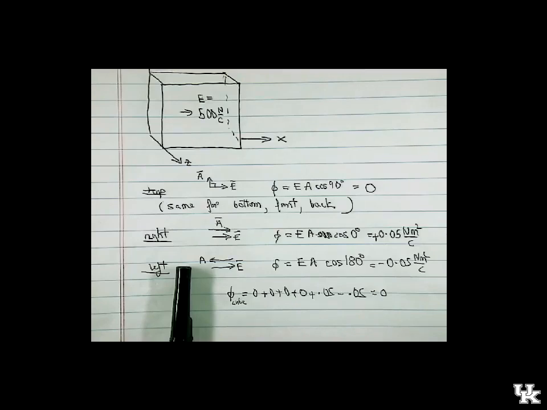If I put a weird blob-shaped object into a uniform electrical field, again, it would be mathematically impossible for us to calculate some general weird-shaped blob flux in that uniform electrical field. But every field line that went in would come out the other side, and so the net flux would also be 0 for that arbitrary shape. Okay.